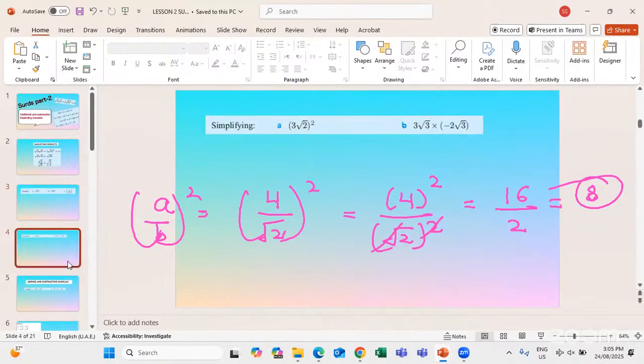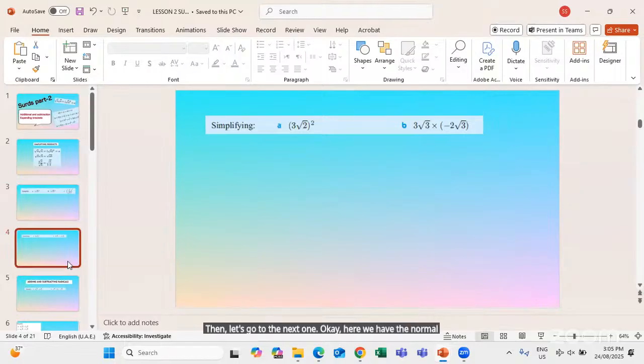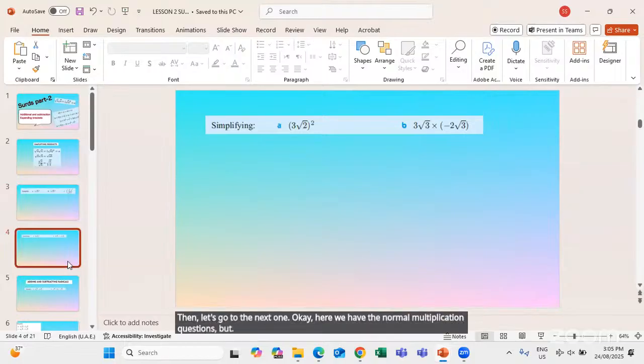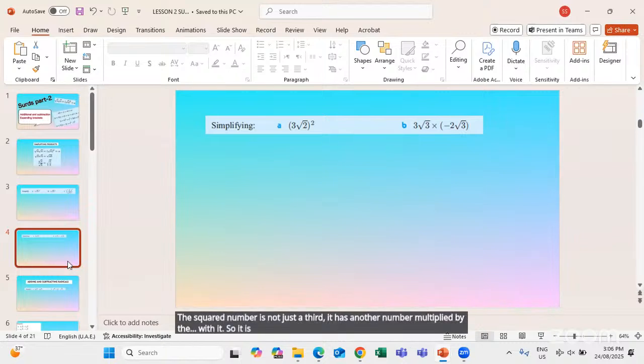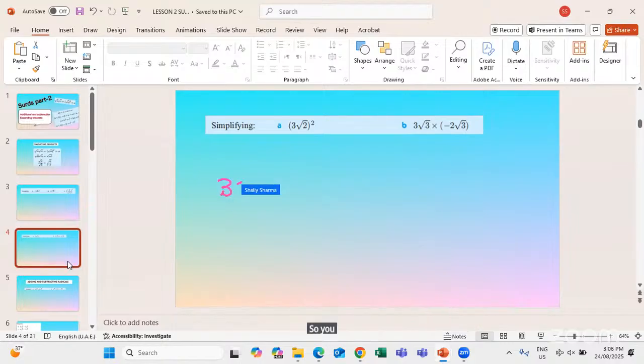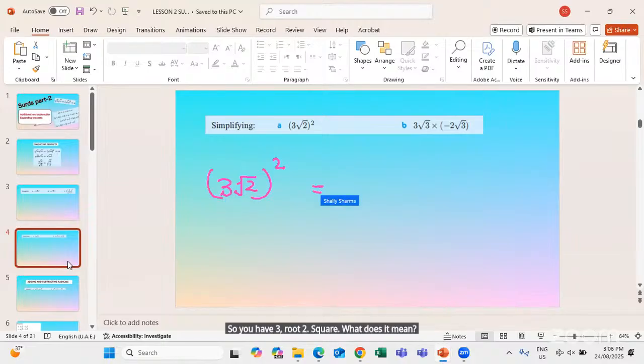Okay, here we have the normal multiplication questions, but the square number is not just a surd, it has another number multiplied with it. So it is a multiple of surds. So you have 3 root 2 square. What does it mean? Its meaning is 3 squared and root 2 squared.